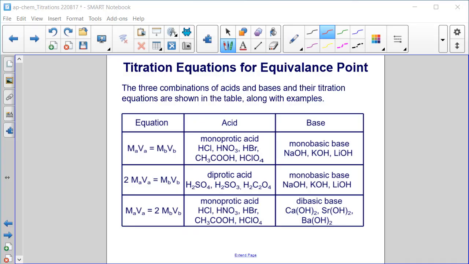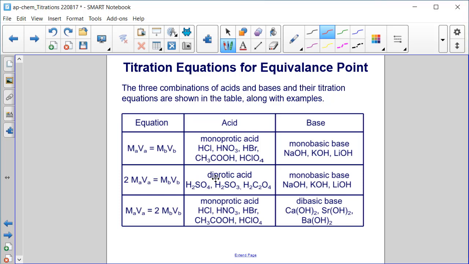Titration equations for equivalence point. The 3 combinations of acids and bases and their titration equations are shown in the table along with examples. So if we have monoprotic acid and base, it's straightforward: MAVA equals MBVB. If we have a diprotic acid and a monobasic base, it's right here in the name.